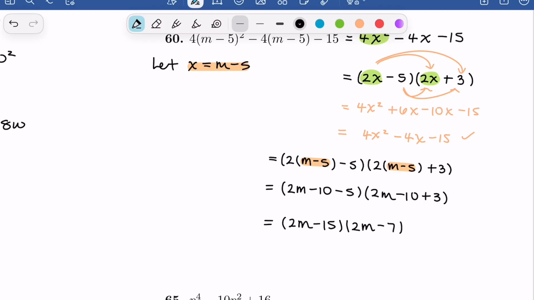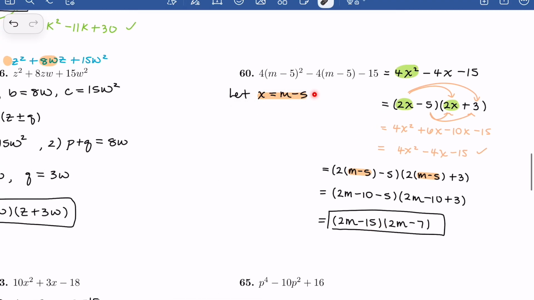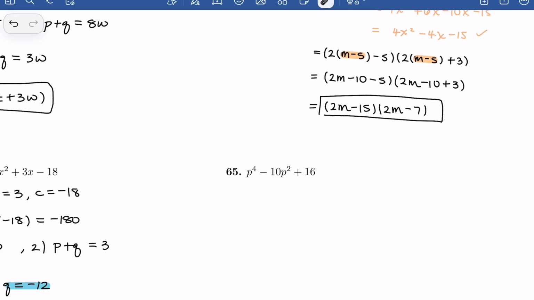And this would be our final answer. So don't forget, whenever you're factoring by using substitution, we need to substitute this value back into our final answer here.